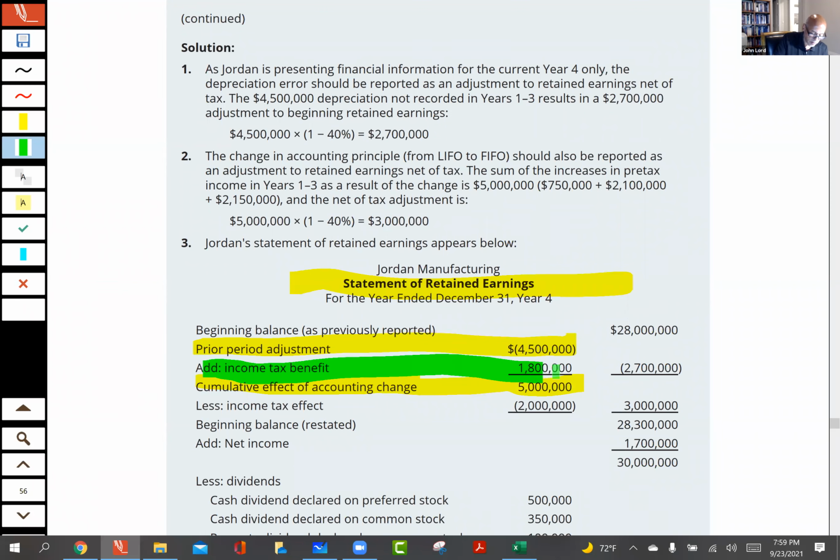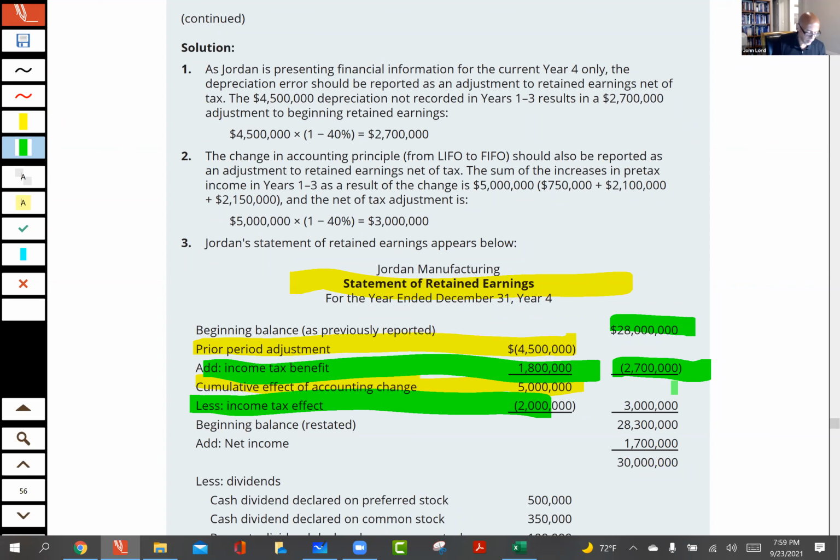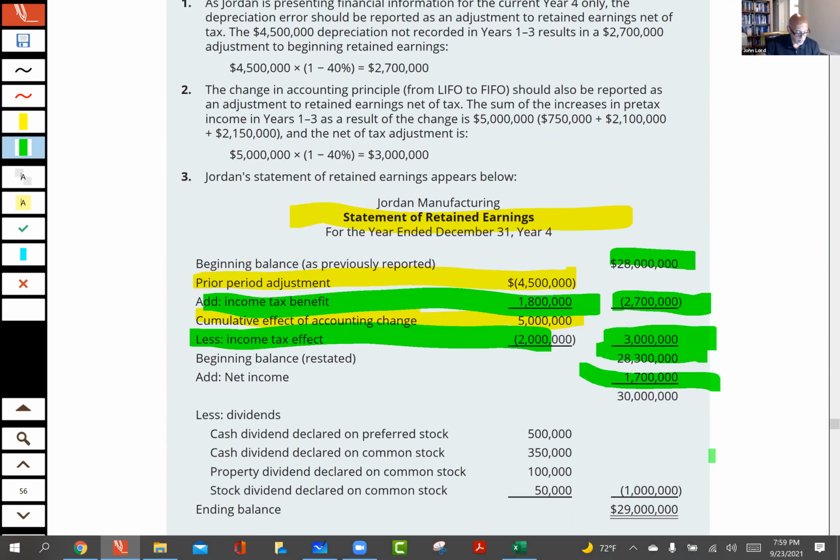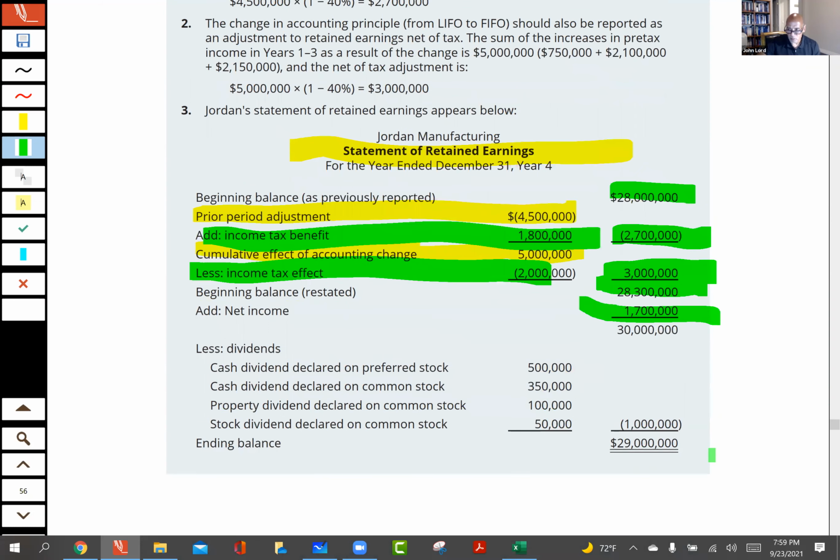You don't have to necessarily disclose it like that, the income tax effect, but notice they adjust it just like I was showing you in the little example that I made on the Excel spreadsheet. It's an adjustment to the beginning balance of the retained earnings. Then you have the restated balance. And then it's like any other statement, retained earnings are bringing the income for the current year, less dividends. We'll have a whole discussion on stockholders' equity in later chapters.